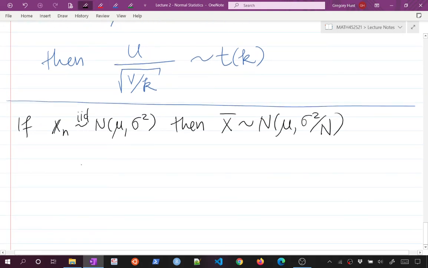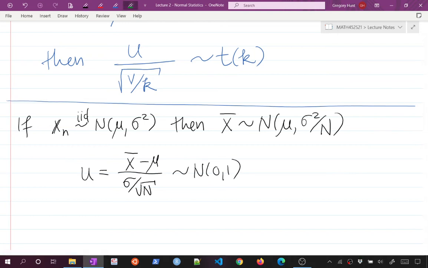If I have normal data like this, I could form u as x bar minus mu over sigma over square root of n. This is going to have a normal 0, 1 distribution. Why do I know that?